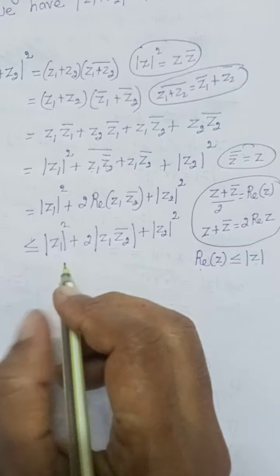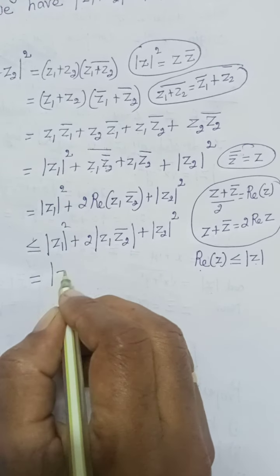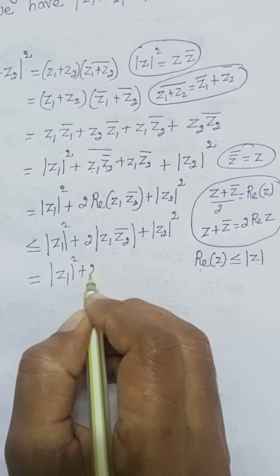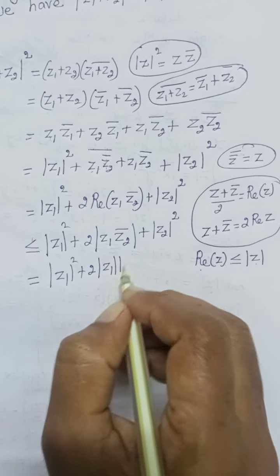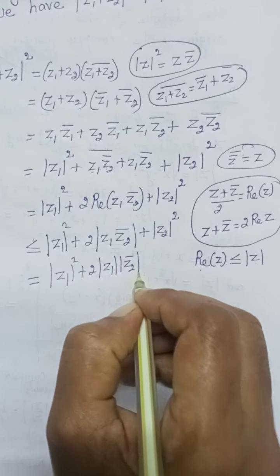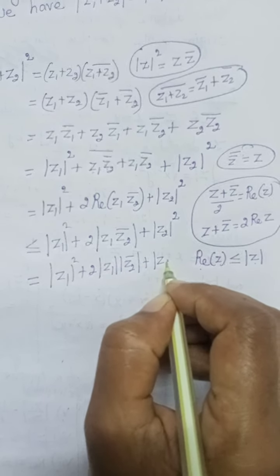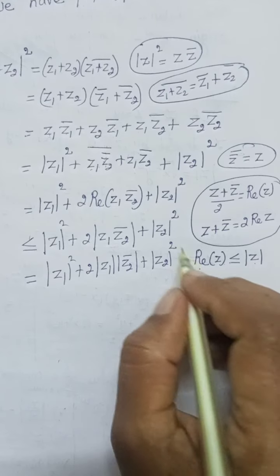Is that clear? Now I am going to write this as modulus Z1 square plus 2 into, we can separate it, isn't it, modulus Z1 into modulus Z2 bar plus modulus Z2 the whole square.